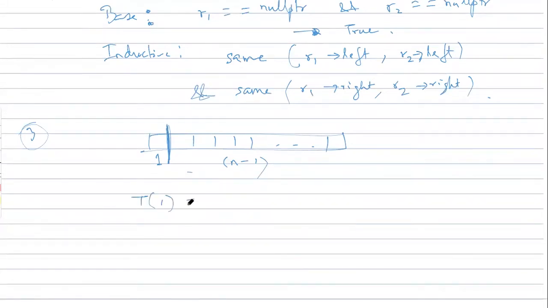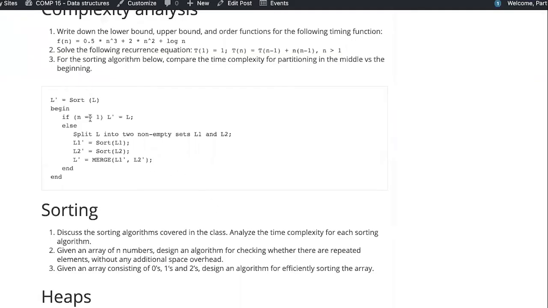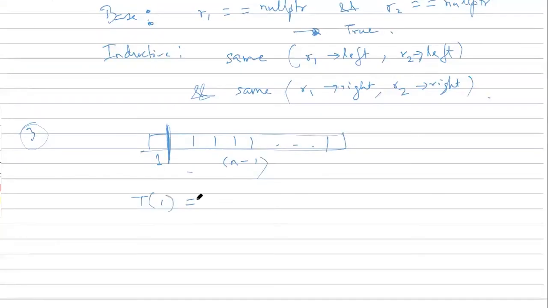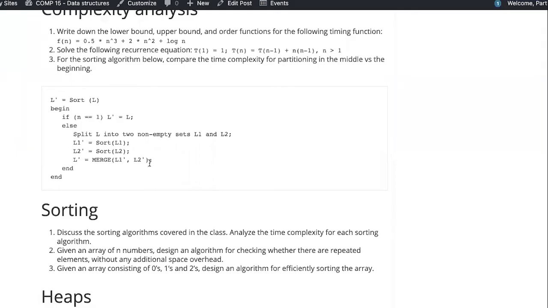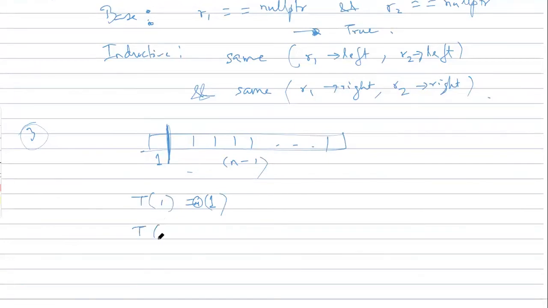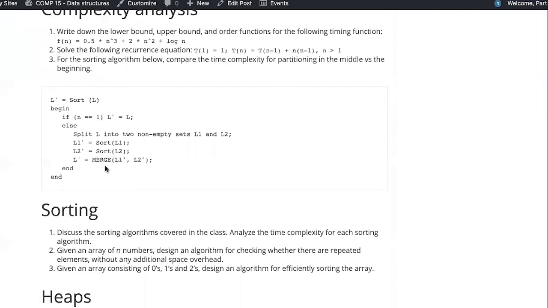So T of 1 is going to be clearly 1, right? Now you can say big theta of 1. Now when there is T of n, or n greater than 1, then what happens?